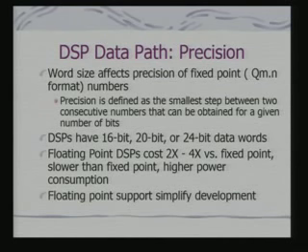But floating point supports simplified development, because if you have to realize, say, an FFT or a DCT operation, any kind of transform operation using a fixed point processor, your software needs to take care of the precision issues and representation of the numbers, and obviously that may result in more software development time.